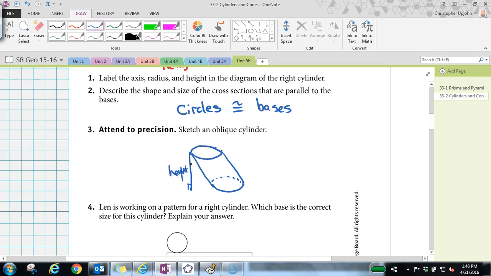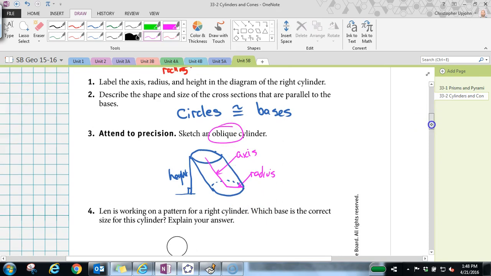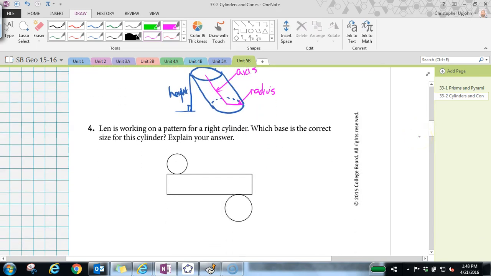That would be oblique. And again, perpendicular, our height. So we still have all the same measurements we had before. We still have a radius. And our axis would be here. It's not perpendicular to the bases. That's an oblique cylinder.